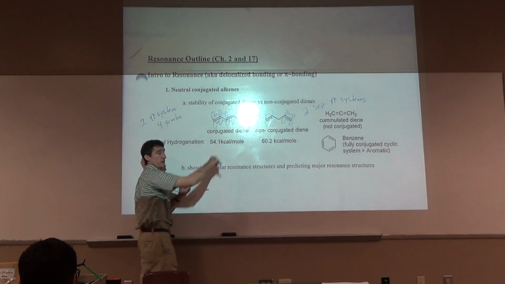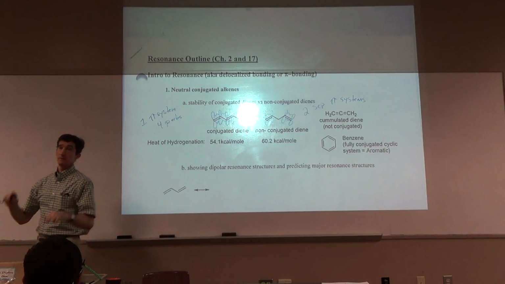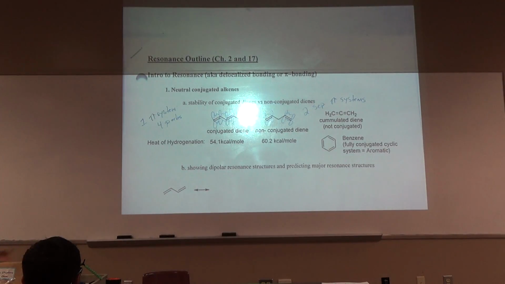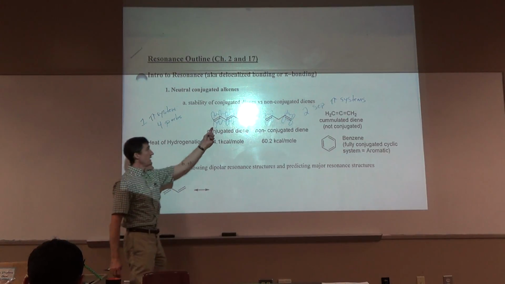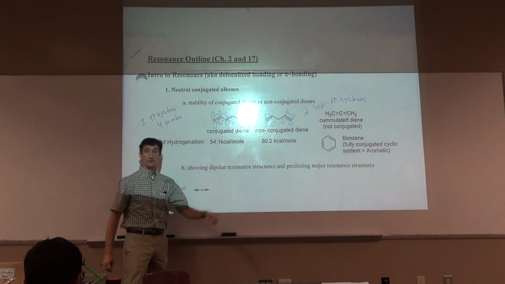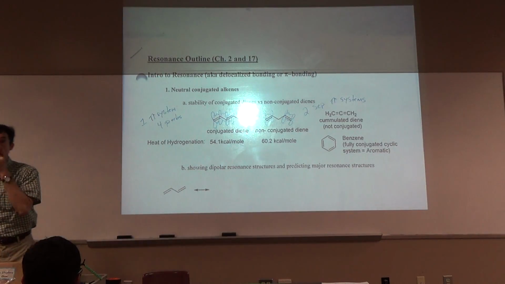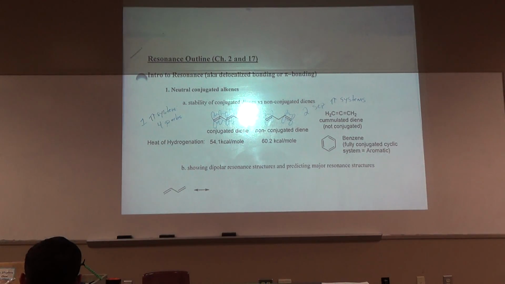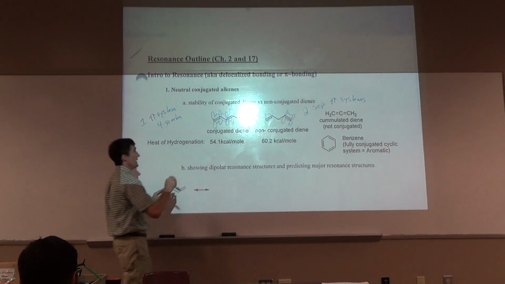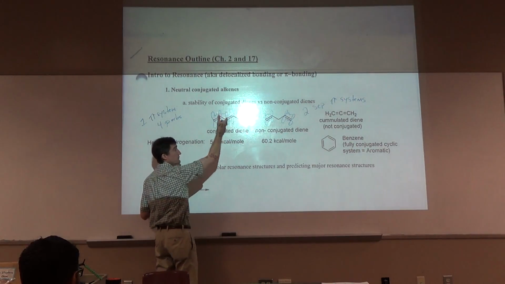Which scenario has more p orbital overlap? One on the left. And more p orbital overlap is like more bonding. And more bonding is a stability thing. That's why this compound is more stable. Conjugated dienes are more stable. Conjugated means the p orbitals are all overlapping. The two alkenes are conjugated.